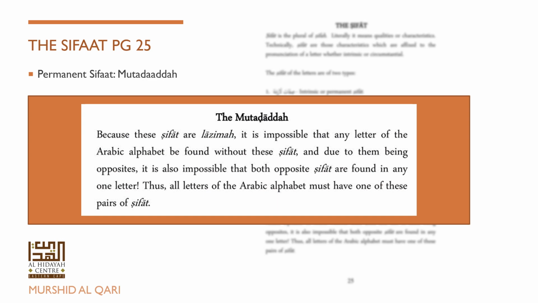Thus, all letters of the Arabic alphabet must have one of these pairs of sifat. And what we can do is, after learning these sifat, we can now pair them with the makharij that we learned. So we learn the makharij and we try to incorporate the sifat as we are trying to pronounce the makharij.